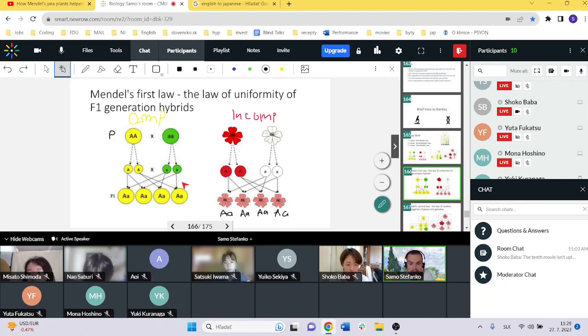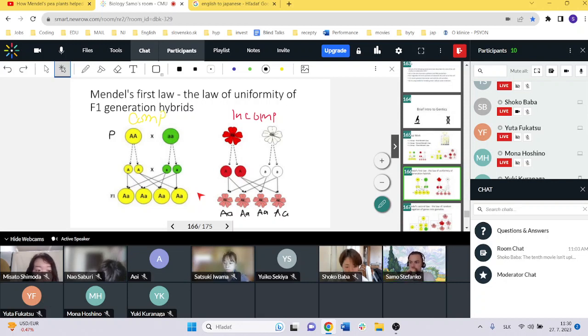Phenotypes, so the appearance, the observable traits, can differ from parents, but even those phenotypes will be uniform.